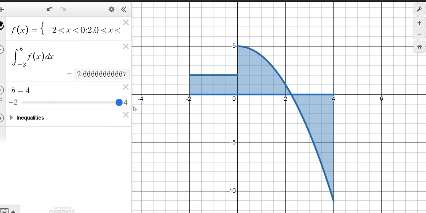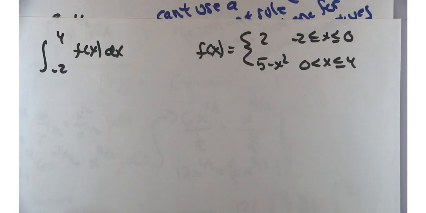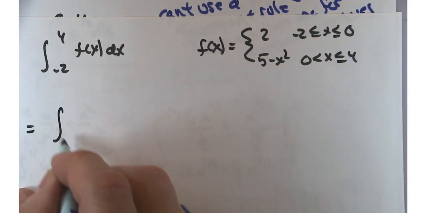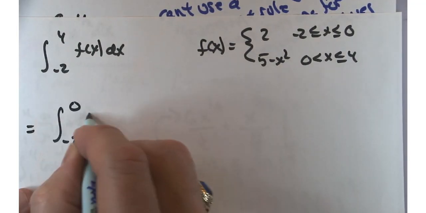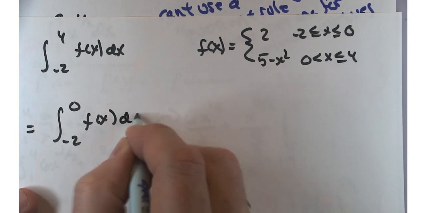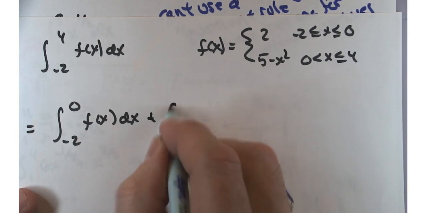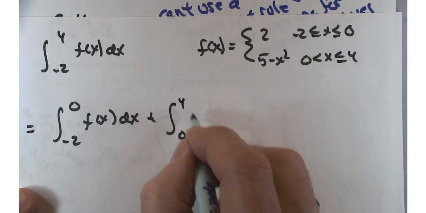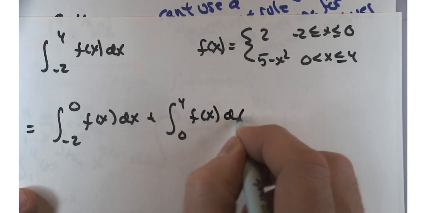All right, so we'll break up that interval into the integral from -2 to 0 of f of x dx plus integral from 0 to 4 of f of x dx.